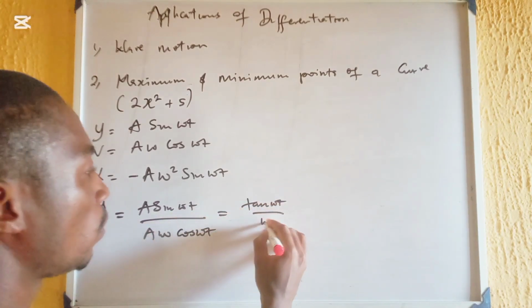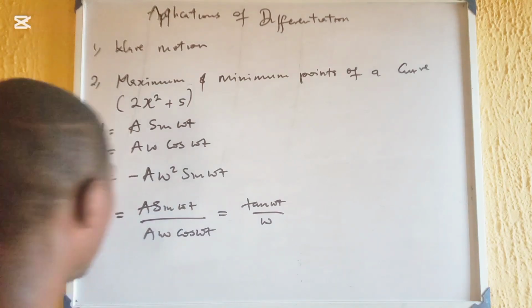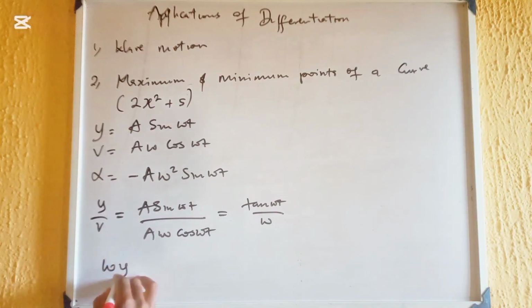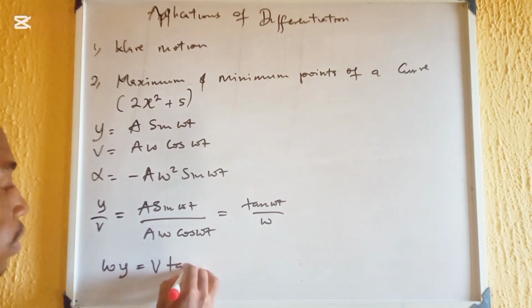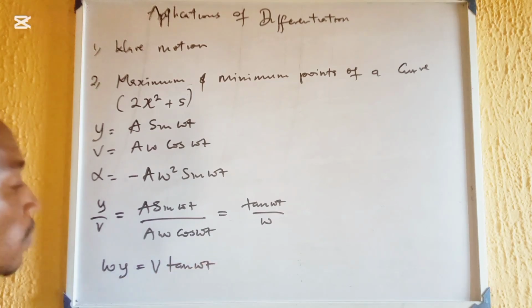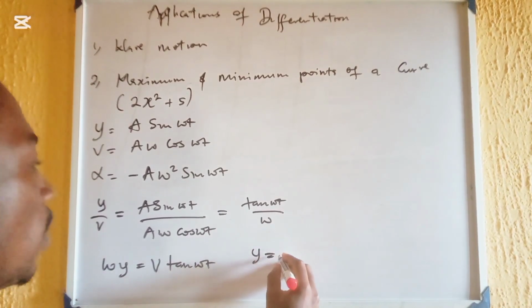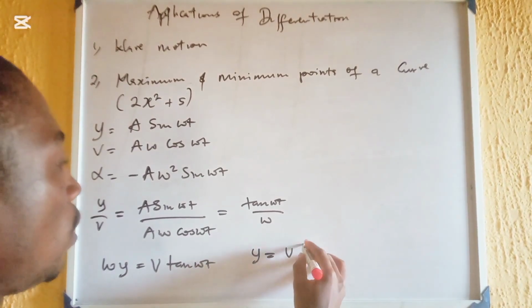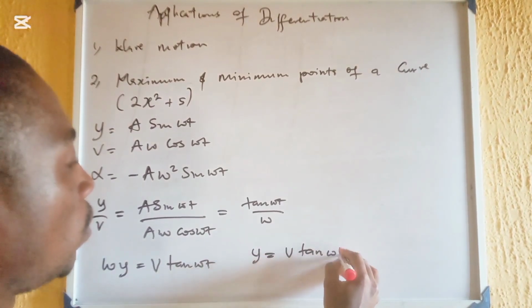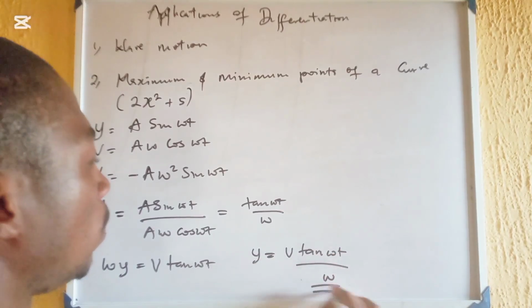Then we have w at the denominator. This implies that wy is equal to v tan wt. So you can see the relationship between y and v. If we make y the subject, we have that y is equal to v tan wt over w.